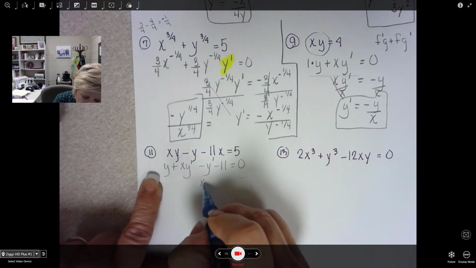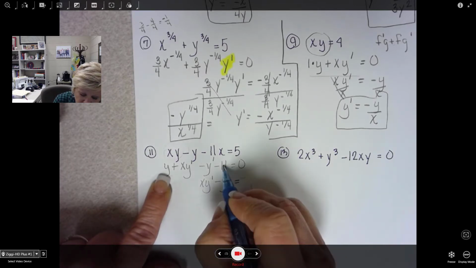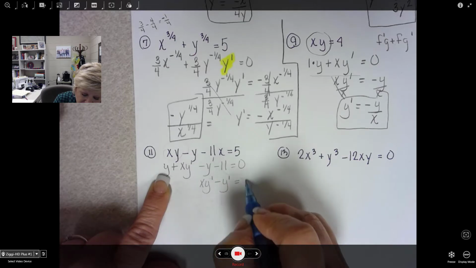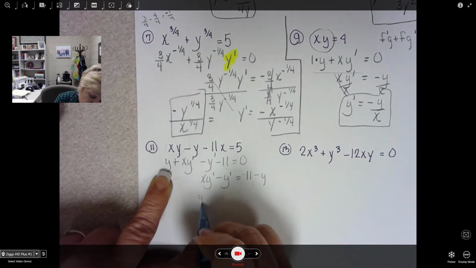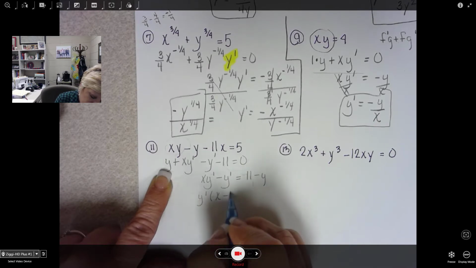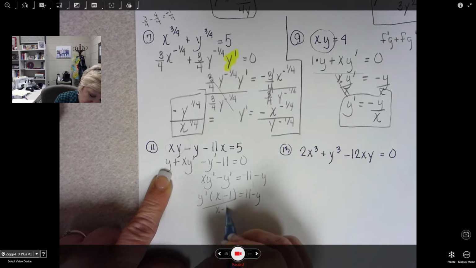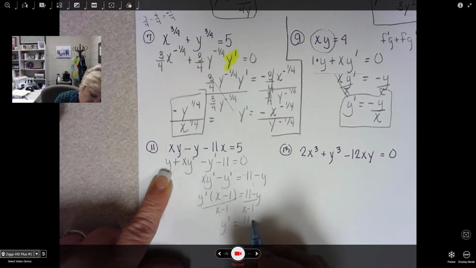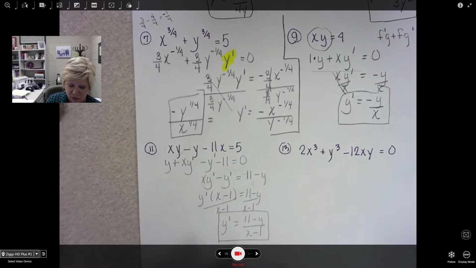Let's leave the y prime terms on the left side, and we'll add 11 and subtract the y. Factor out y prime and divide both sides by that binomial. Y prime equal 11 minus y over x minus 1. Practice makes perfect, remember.